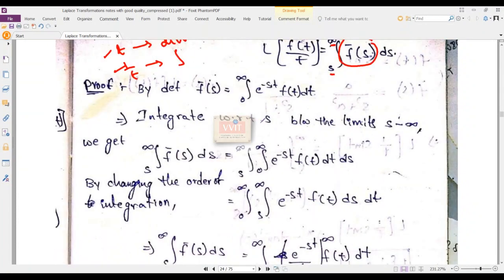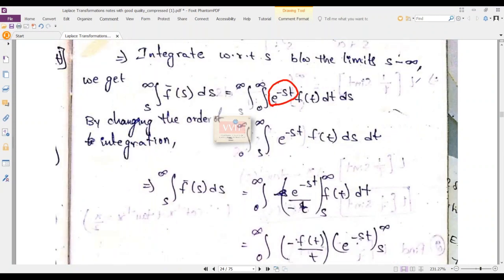It's a proof. F of s is the integral from 0 to infinity by the standard formula, and that is integrated from s to infinity. Only s to infinity will be affected. What may happen?